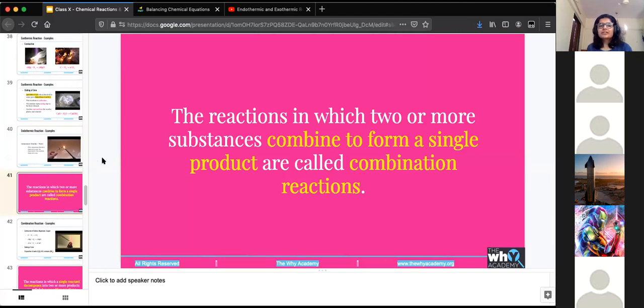Understanding these types of reactions is very easy. All you need to do is pay attention to the meaning of the word. What is the meaning of the word? That's a big clue. That makes it easy.